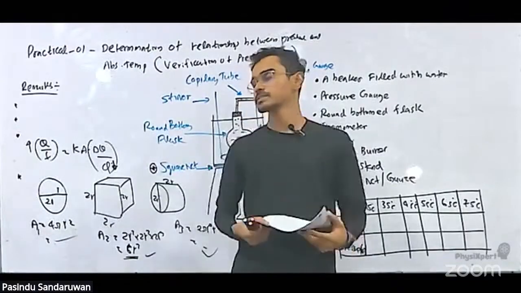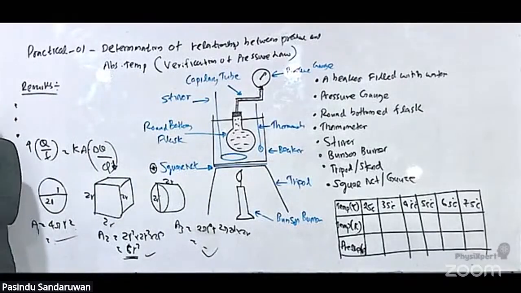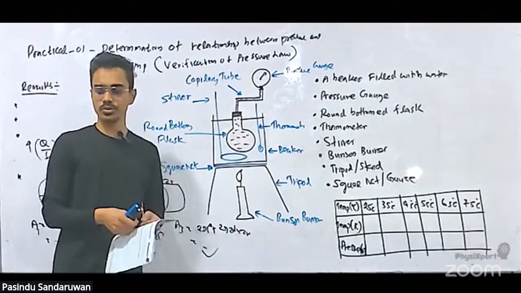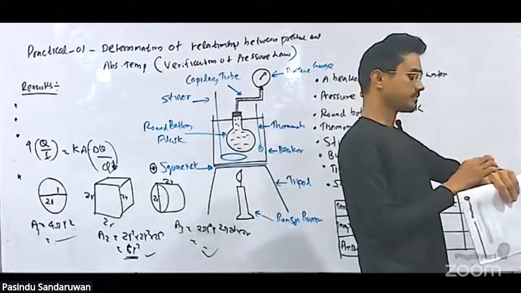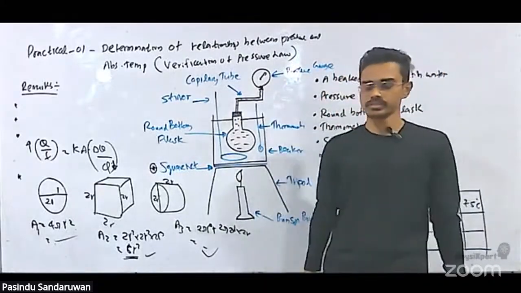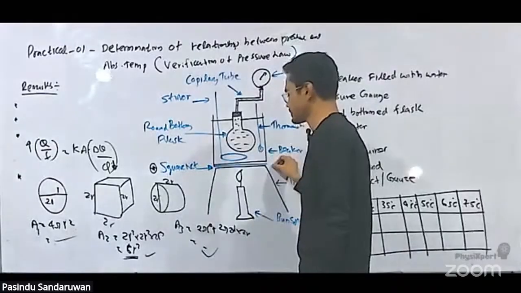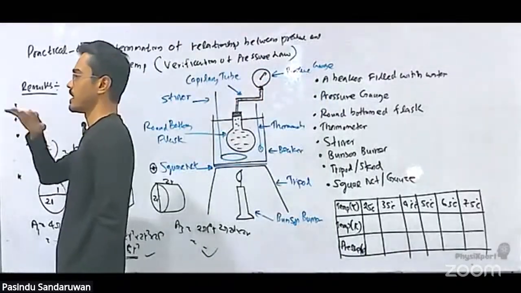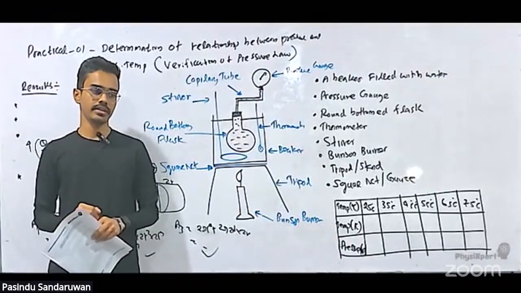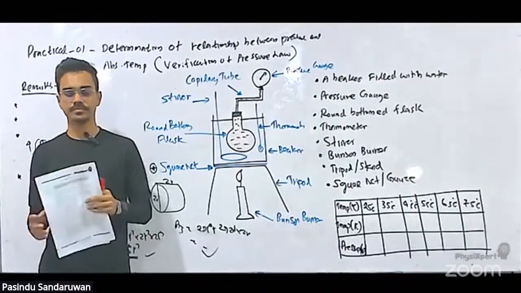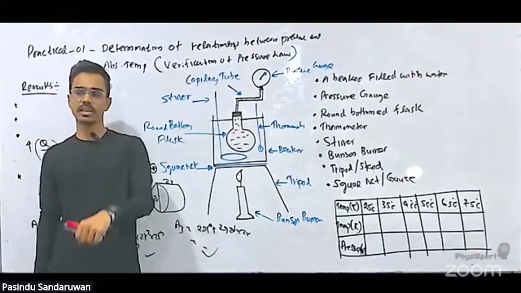Next point: a square net is used to uniformly distribute heat throughout the bottom of the beaker without being pointed to a single point.